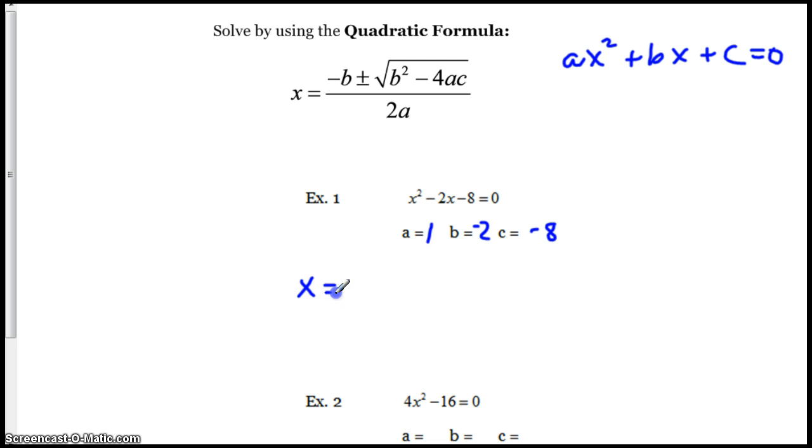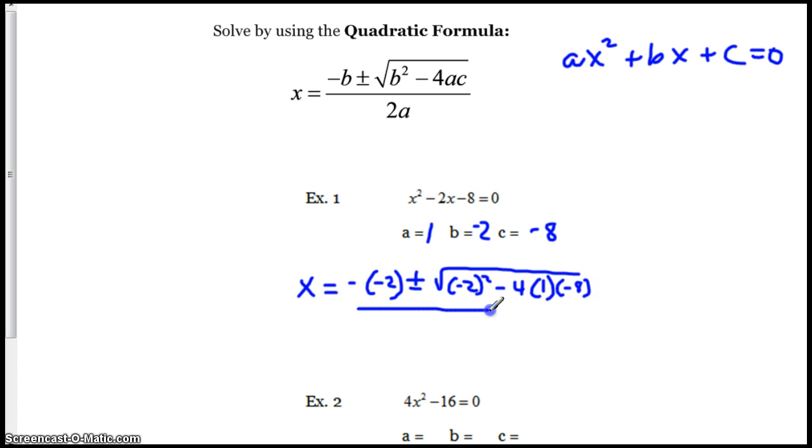So x equals, we always use parentheses when we substitute in, so we have a -2 for b, plus or minus, and then our -2 squared minus 4 times 1 times a -8. Then all over our 2 times our a, which again was 1.